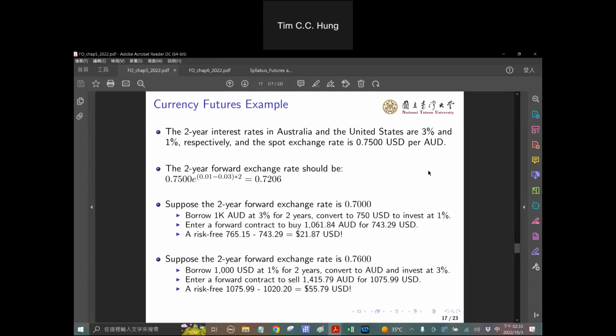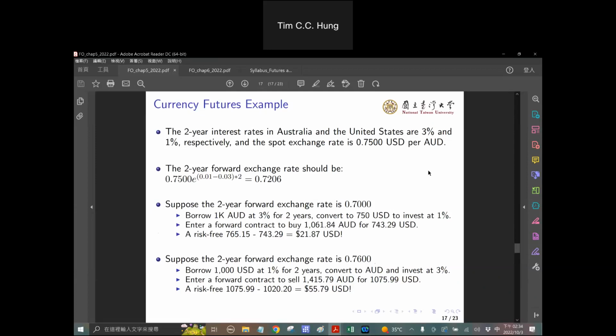This can be any value you like, but let's begin with a fixed number. After 2 years, regardless of any trading transactions, we will be repaying Australian dollars at an interest rate of 3%. That's what we mean by the interest rate in Australia being 3%. So first we borrow 1,000 Australian dollars at 3% for 2 years.